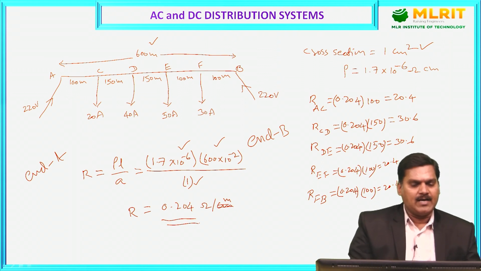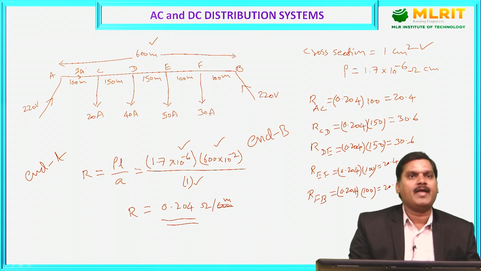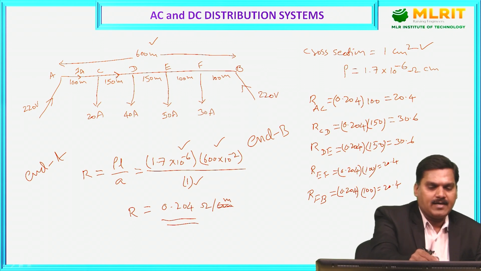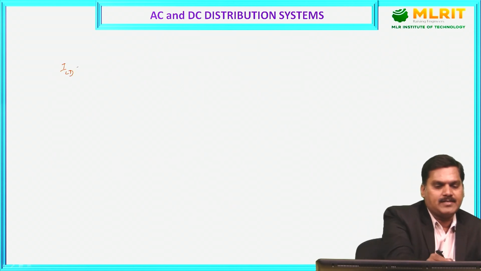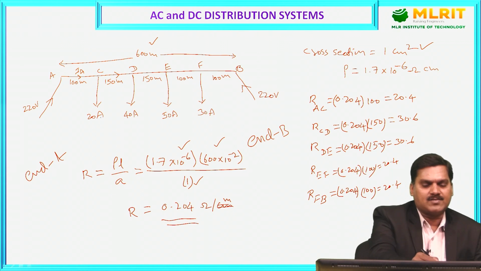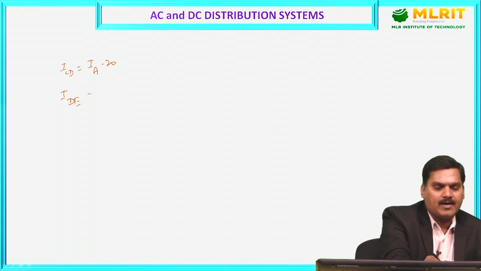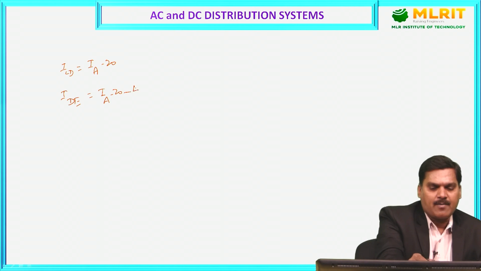I will take IAC as IA, the current feeding at end A. From that, ICD becomes IA minus 20, because 20 amps is tapped at section C. So IA minus 20 amps flows into section CD. Next, the IDE current: IA minus 20 is already flowing in CD, and from that 40 amperes is again drawn.